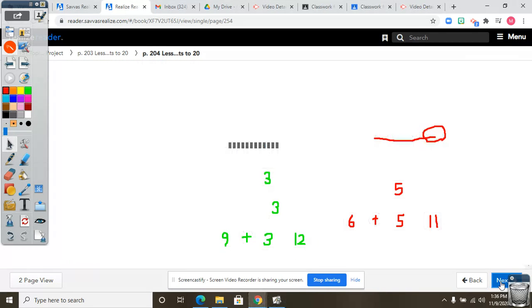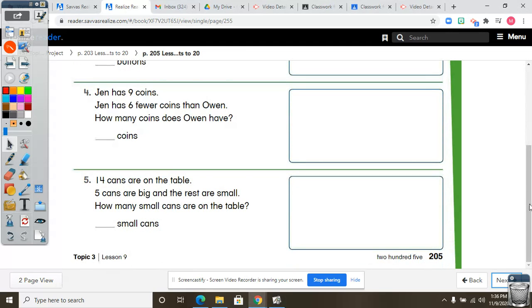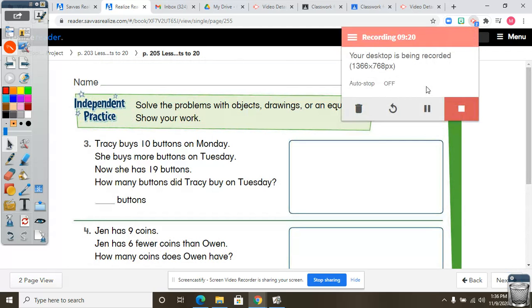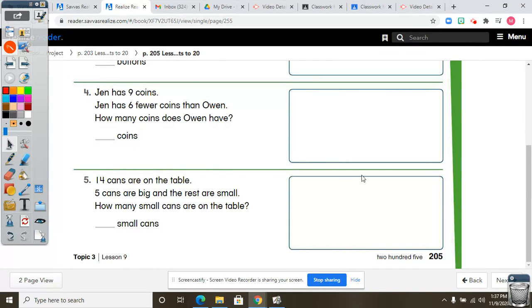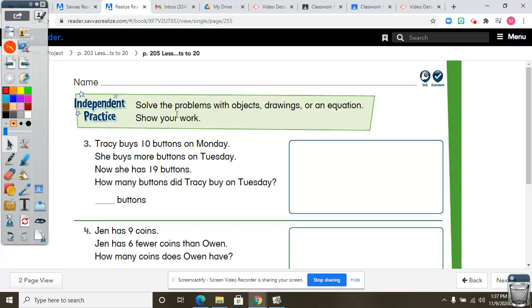All right. Your job is to do number 3, number 4, and number 5. Now, if you look, they give you boxes to do your work in, right here at the ends. So you can solve the problem with objects, drawings, or an equation to show your work.